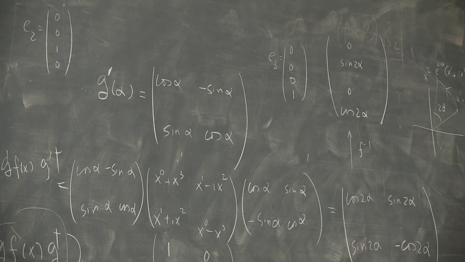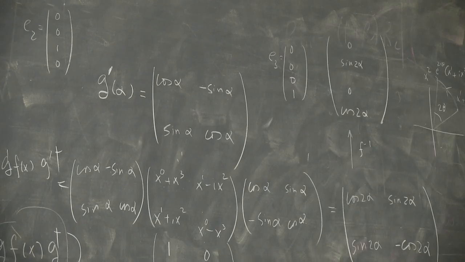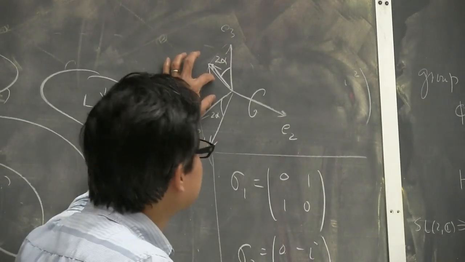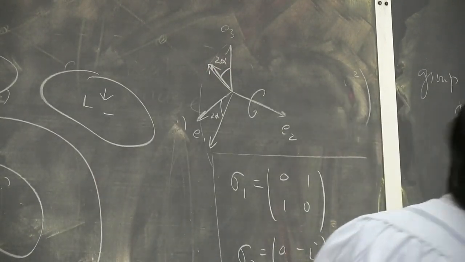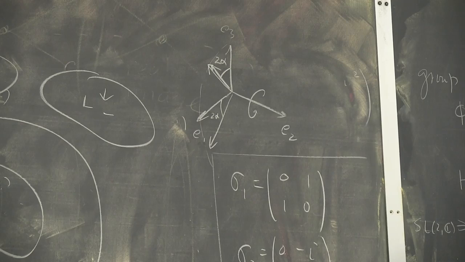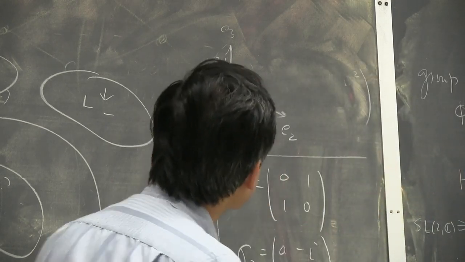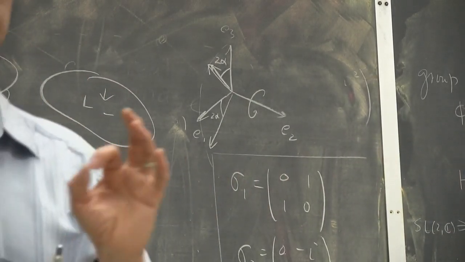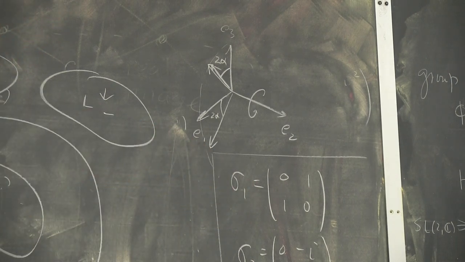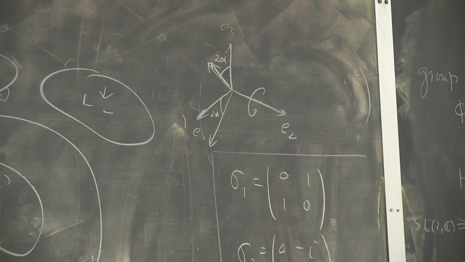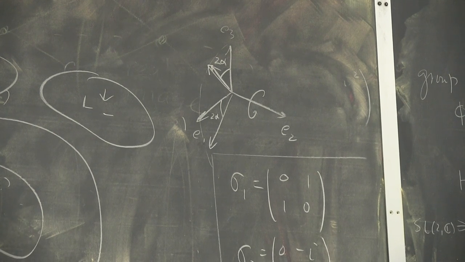It's precisely this vector nu. So this one has first component, which is the projection along the original E1 axis, equal to sine 2 alpha, and then the component along the third axis equal to cosine 2 alpha. So we have shown explicitly that this represents a rotation about the E2 axis by an angle of 2 alpha. So we're done.